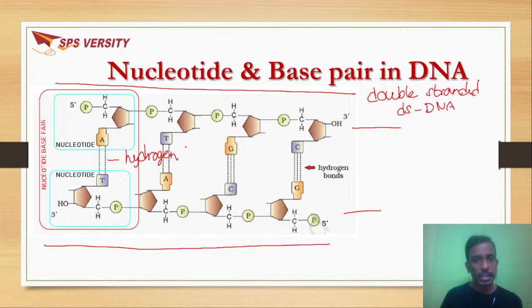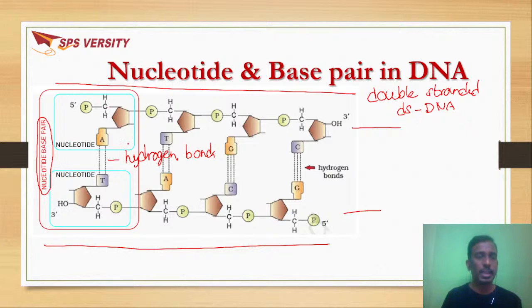And there is a specific formation of hydrogen bonds between the nitrogen bases of a base pair. For example, the nucleotide of one strand and the nucleotide of another strand, which are opposite each other, are called a base pair.